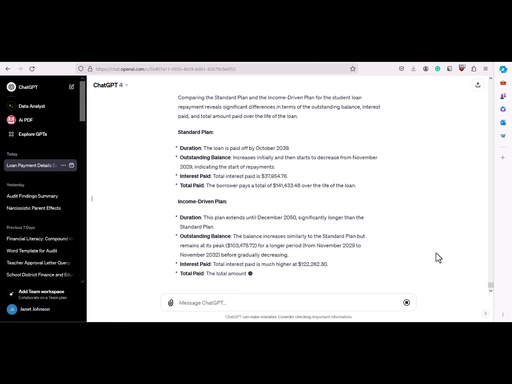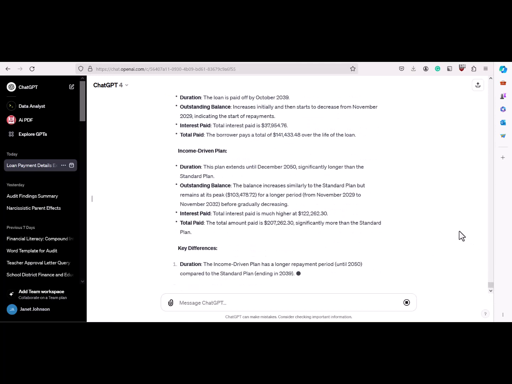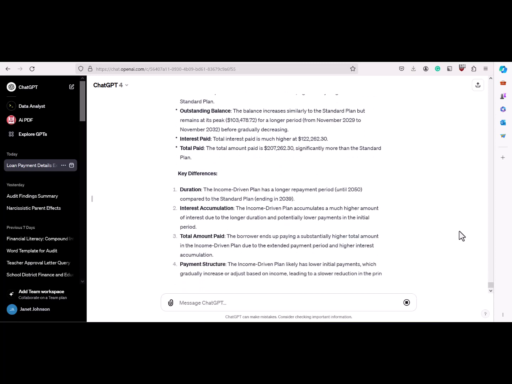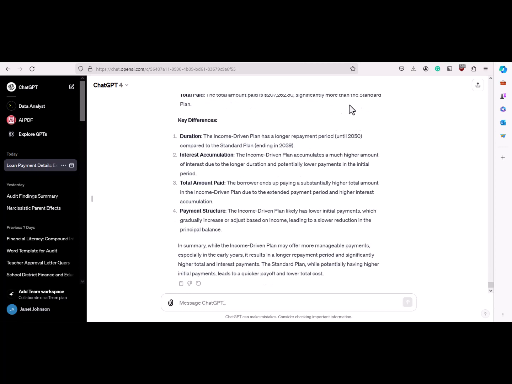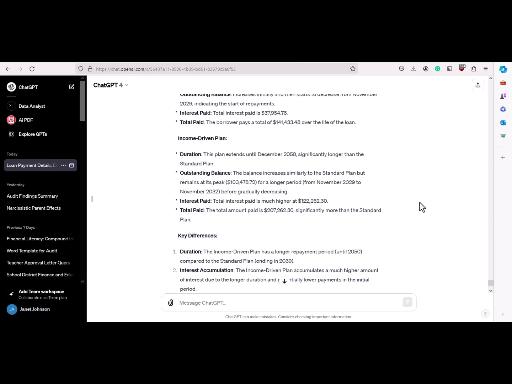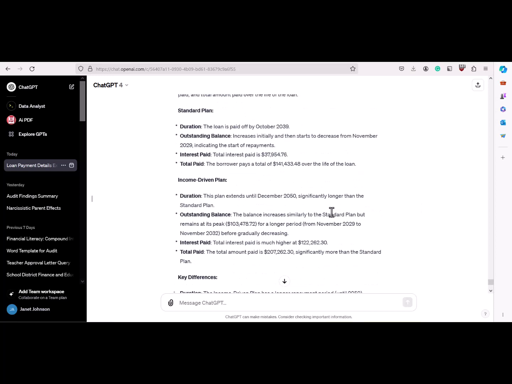Okay, on the standard plan, we pay about $38,000 in interest. And on the income-based plan, it looked like we pay $122,000 in interest. So $39,000 versus $122,000.